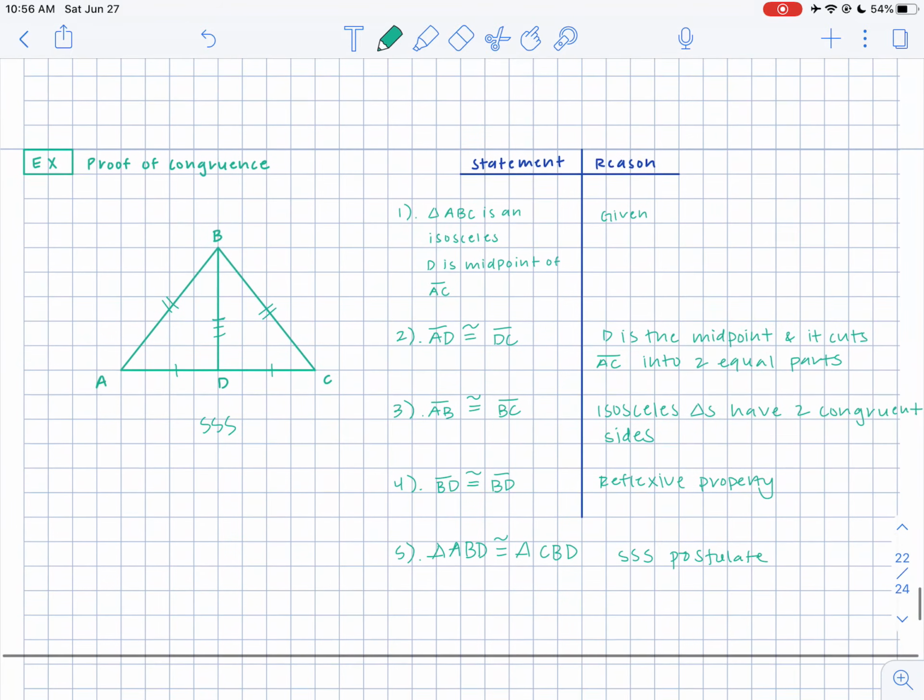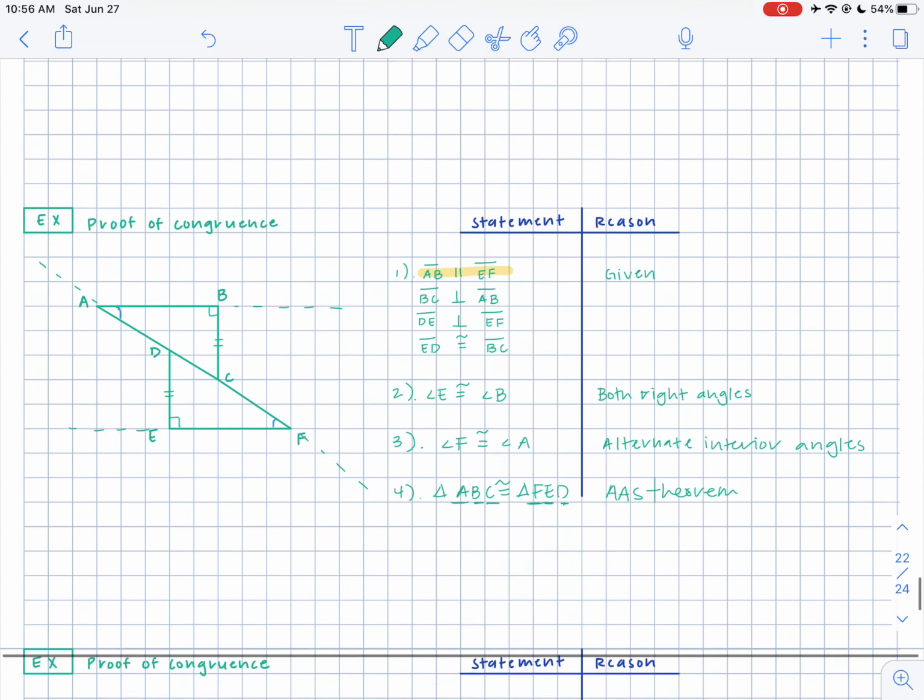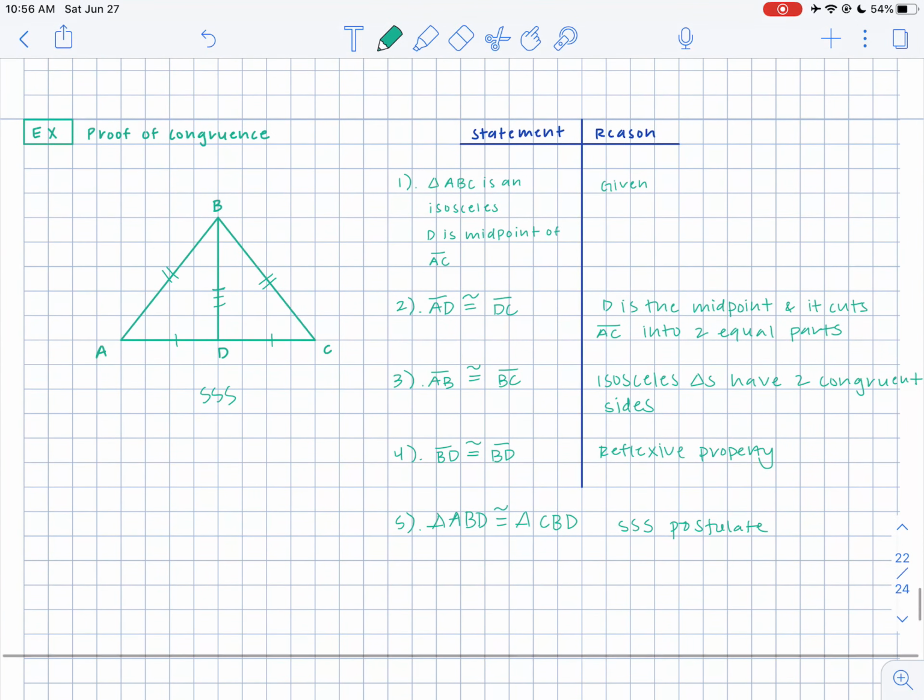So you see in all three examples that we just went over, you see this common theme where we are given some starting information and we have to determine some congruency and come up with at least three parts so that we can apply one of the four shortcuts we learned to determine congruency.